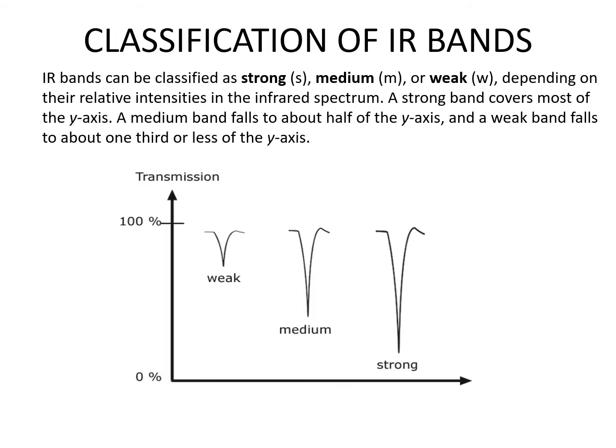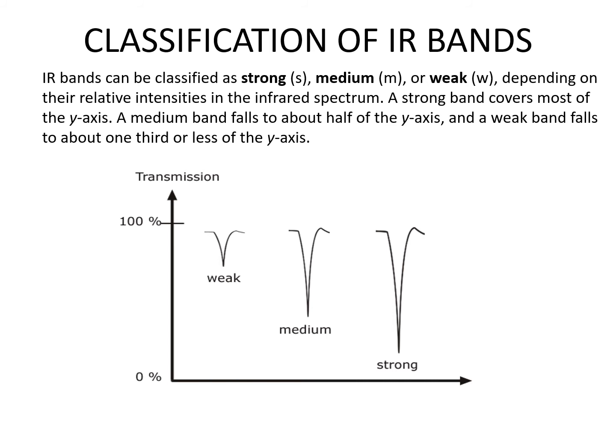Now, when we're looking at IR bands on an IR spectrum, that's what they're called, the peaks and valleys, all their bands, basically. There's some classifications you need to know about. In terms of the actual peaks: weak, medium, and strong. Weak is just going to be a small peak, very narrow.